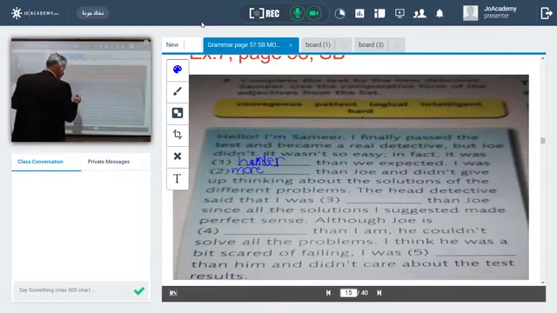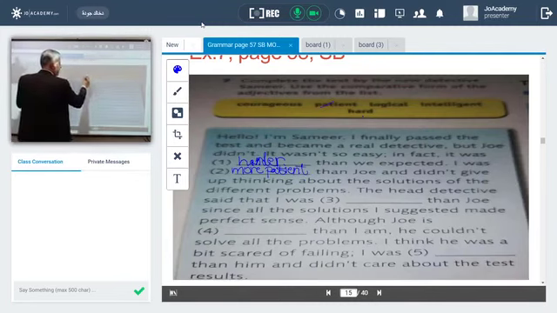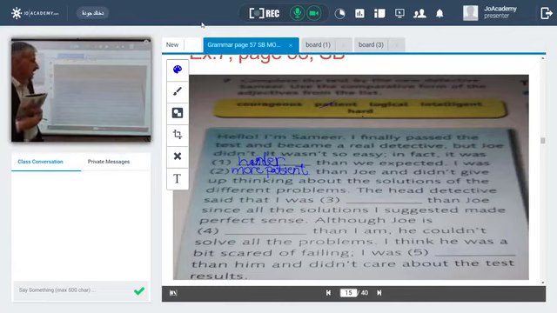Yes, more patient than Joe and didn't give up. What's the meaning of give up?